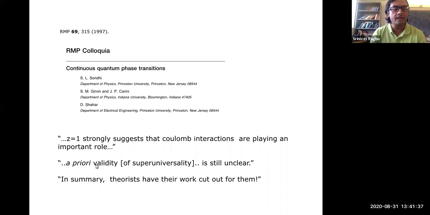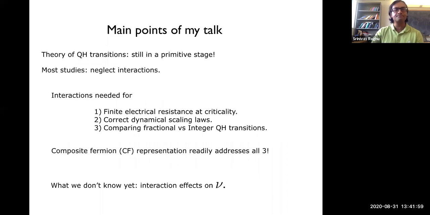The second comment is that the a priori validity of superuniversality, which is to say that the integer quantum Hall states and the fractional quantum Hall states, the transitions involving them, are in the same universality class, is still unclear. And in summary, they say, theorists have their work cut out for them. Not much has changed since then.